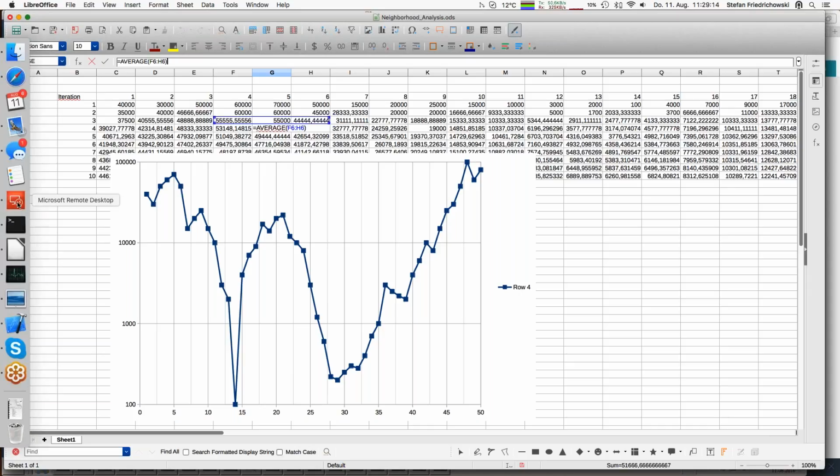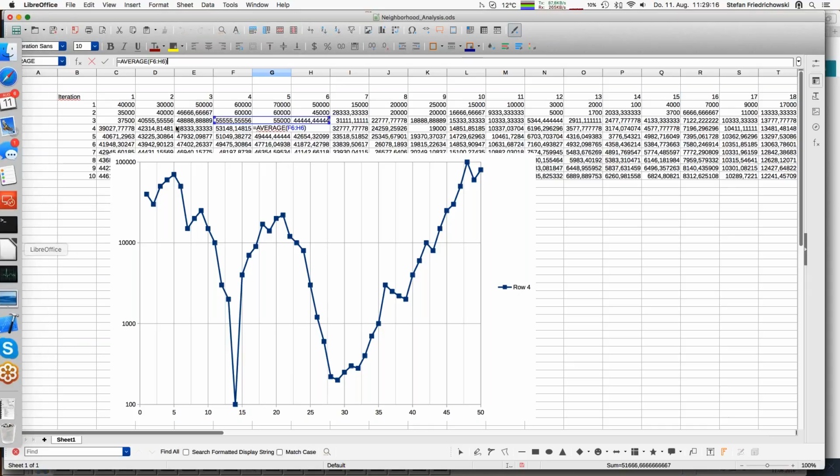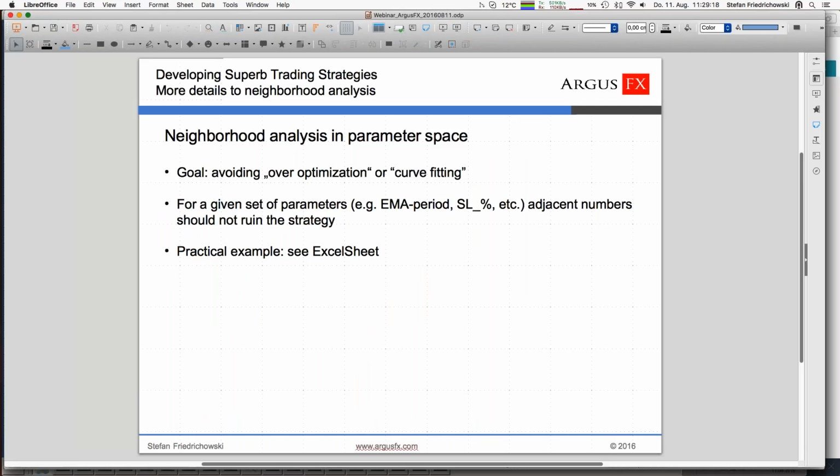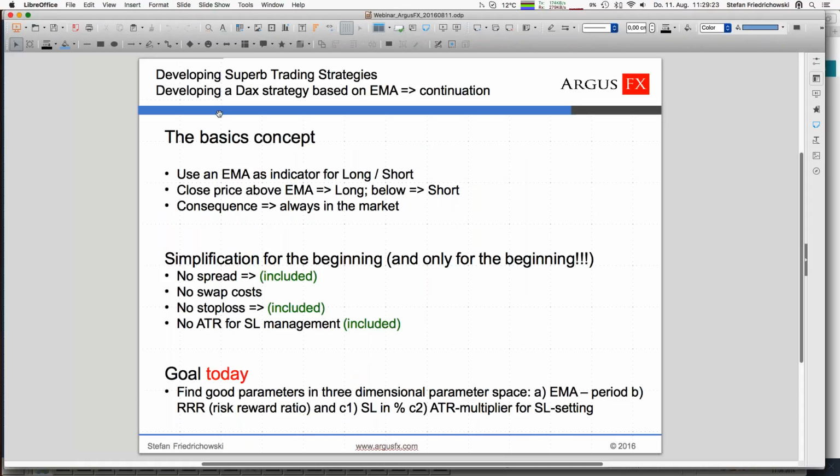Let's go back to the strategy itself. The strategy was our DAX strategy, and what we applied there was a very easy concept. That easy concept means we use an EMA as an indicator for being long or short.